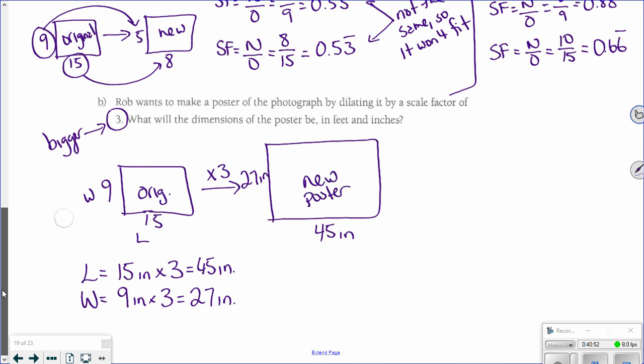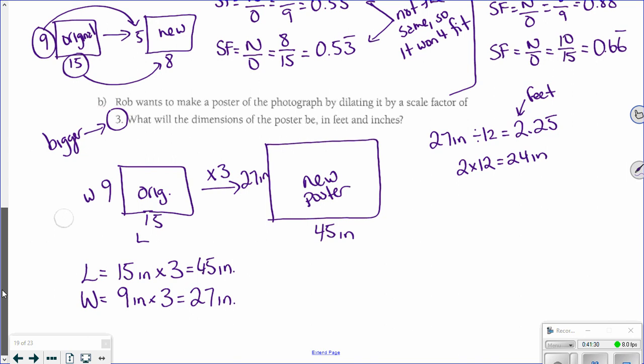Unfortunately, it asks for your answer in feet and inches. So to turn it into feet and inches, we have to divide out however many feet we can from our answers. So 27 inches, if I divide it by 12, is going to be 2.25, and this number tells me my feet. 2 feet times 12 inches per foot is 24 inches.